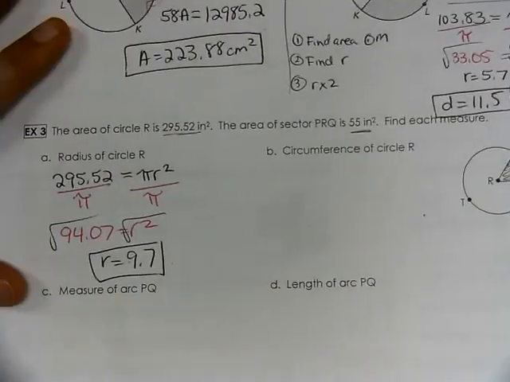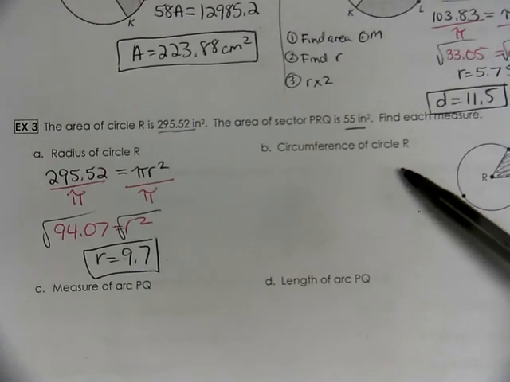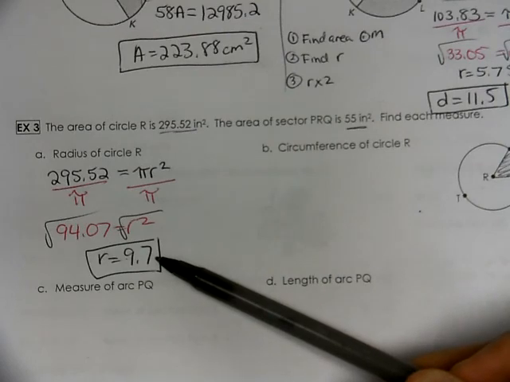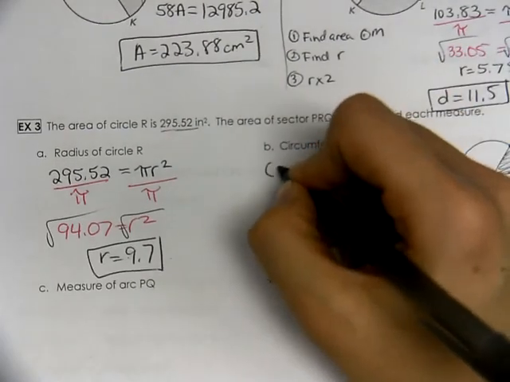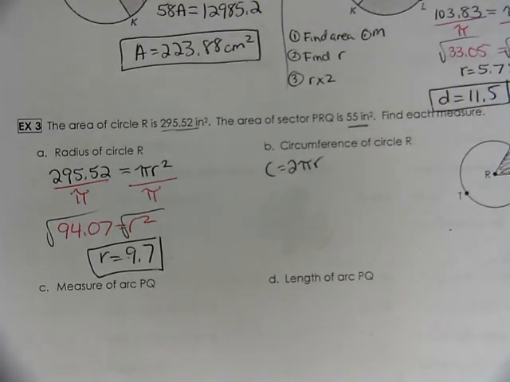Really, this is a review of the whole chapter, kind of. B says find the circumference. So we have the radius. What's our circumference formula? I can just plug it in.